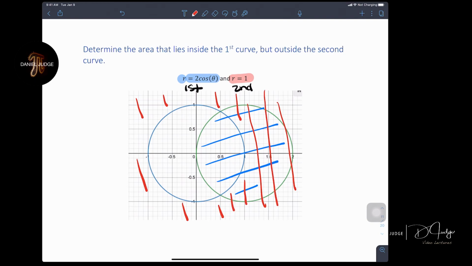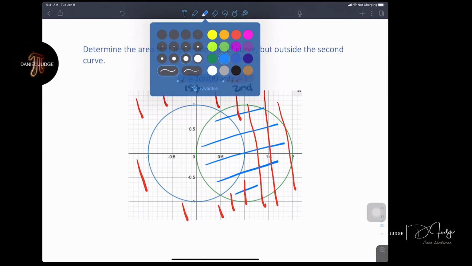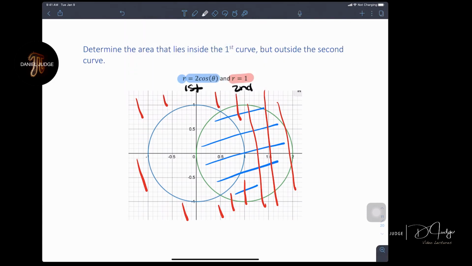Okay, so what I'm demonstrating here is the area they're referring to is right in here. And this is what they're talking about here.